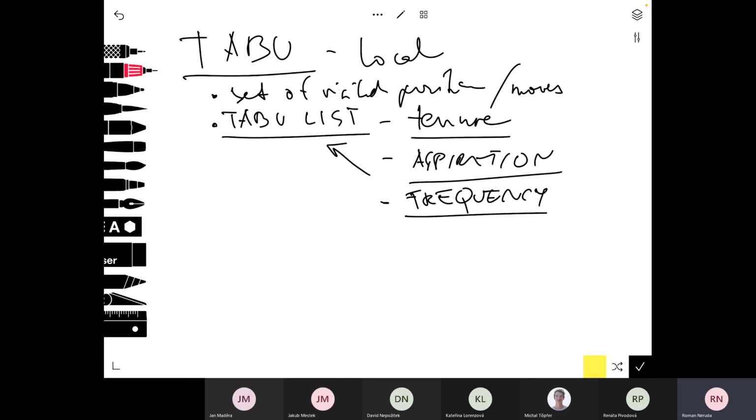So we have the frequency counter for each of possible positions and or solutions, and selecting, we're preferring the ones that were visited less often, right? And the preference can be that you're creating a compound fitness, or that you're restarting the search from one of the low frequency positions.